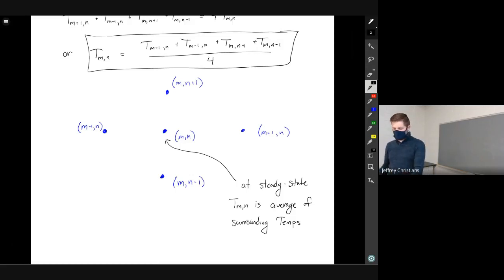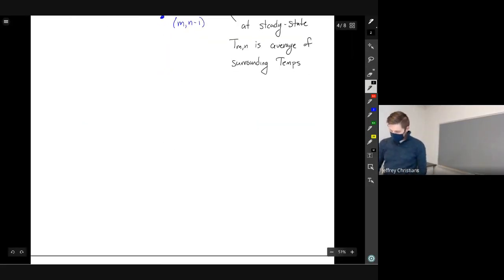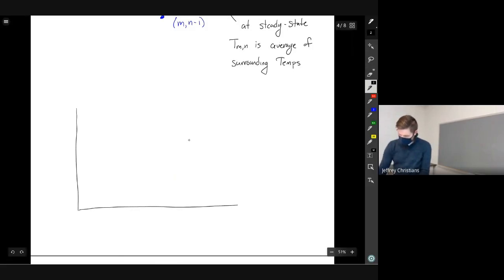So let's look at how this plays out in practice and actually solve it. We could write this same equation, and it would be true for any of our interior locations. So let's set this up and see how we would actually solve it. We have a grid. I'll redraw it because it doesn't take too long.